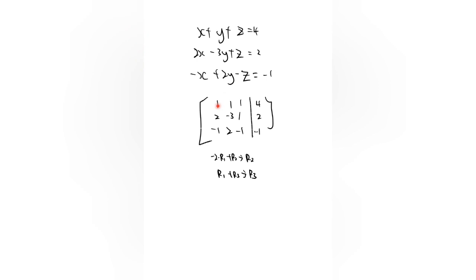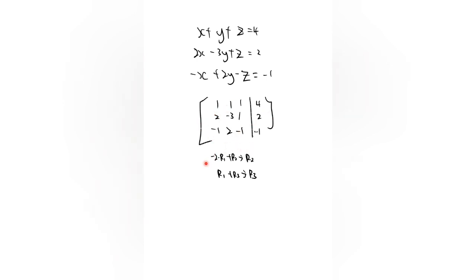So now we will insert 1, 1, 1 and 4 from the first equation, and 2, negative 3, 1 and 2 from the second equation, and negative 1, 2, negative 1 and negative 1 from the third equation. So now we will try to find a 0 everywhere else.